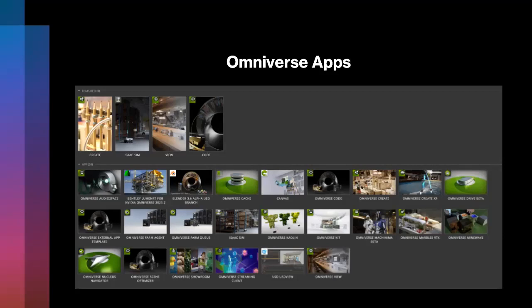And View is the top of the line, the highest end form of visualization tool. It's a rendering engine in real time where you can bring in models and see the highest level of quality NVIDIA can offer in one application. Before they had View, they actually had this renderer in a GitHub repo that people had to go there, download it, compile it, run it.